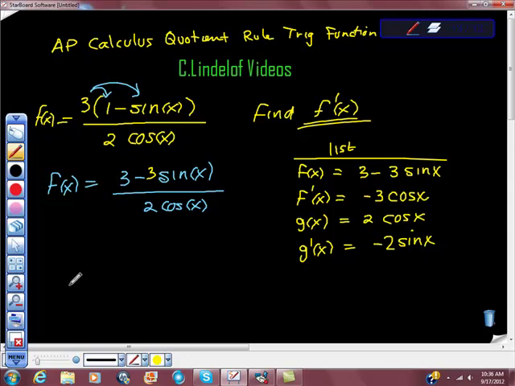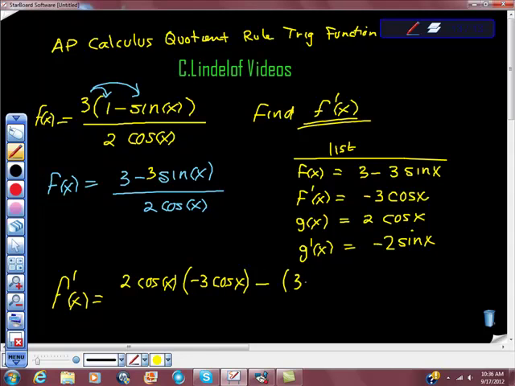From here, I'm just going to start building my f prime of x. f prime of x is equal to g of x, right? So 2 cosine x times f prime of x, which was negative 3 cosine x, isn't that right? Seriously, tell me if I'm screwing up anywhere. Minus, and now it's f of x, isn't it?